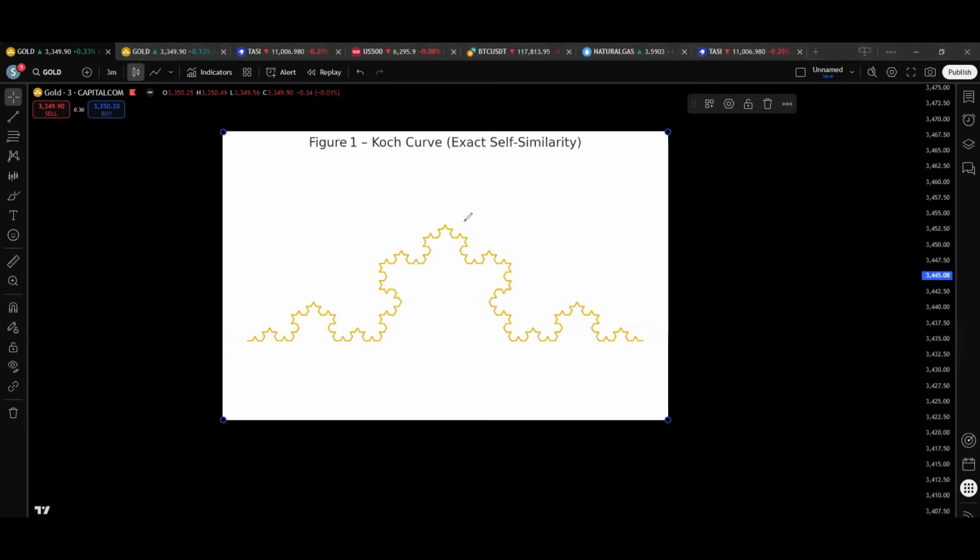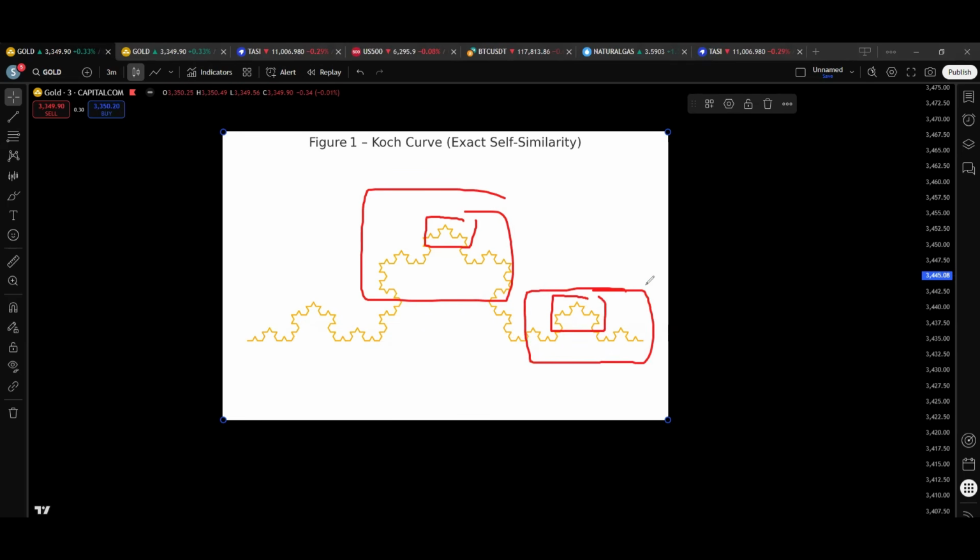If, for example, you look at this part right here, you can notice it's self-similar to this part right here, the same way this part right here is self-similar to this one. And this is a geometric self-similarity or exact self-similarity, okay? It's based on pure mathematics, as I have mentioned, and it's also computer generated, okay? You can do this with Matplotlib on Python or any other system.